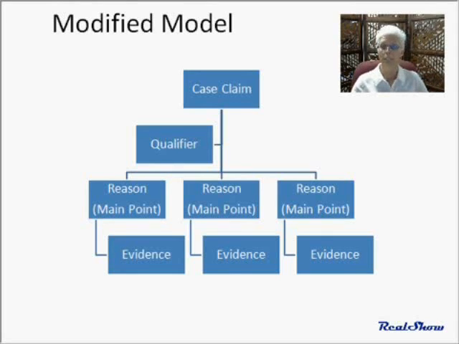So when you're examining Devastating Beauty and you've discovered the reasons that Teal Pfeiffer gives for her case claim, you have to ask yourself, does that belong in this argument? Is that relevant? All right, and then we do the same thing for the evidence. Is the evidence good? Does it come from a reliable place, lacking bias, and is it relevant? Does it have anything to do with the reason that it's supporting?